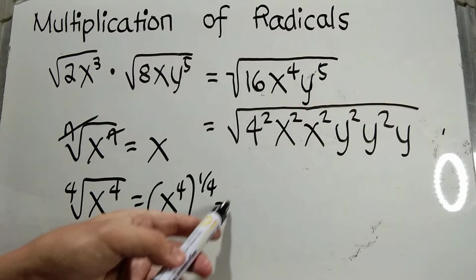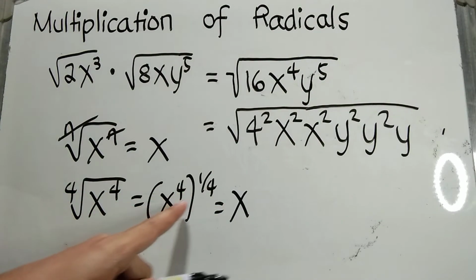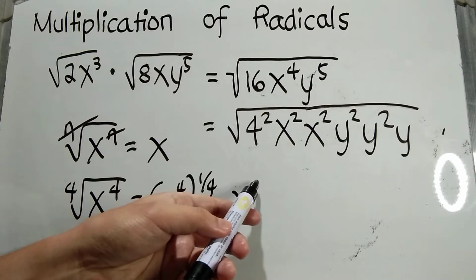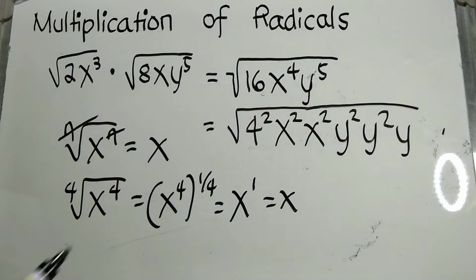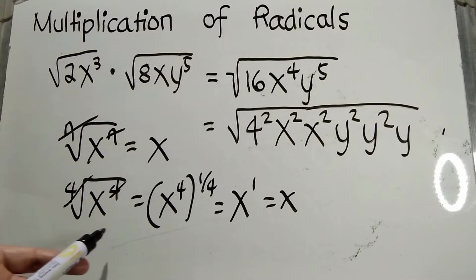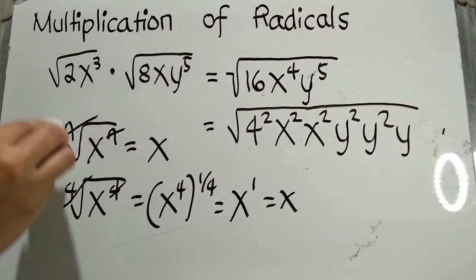And so when you multiply the exponents, this is now 4 over 4 or 1. In short, this is just x. So therefore, when you are canceling the fourth root and the exponent 4, that is equivalent to x. And this is what we're going to do here.